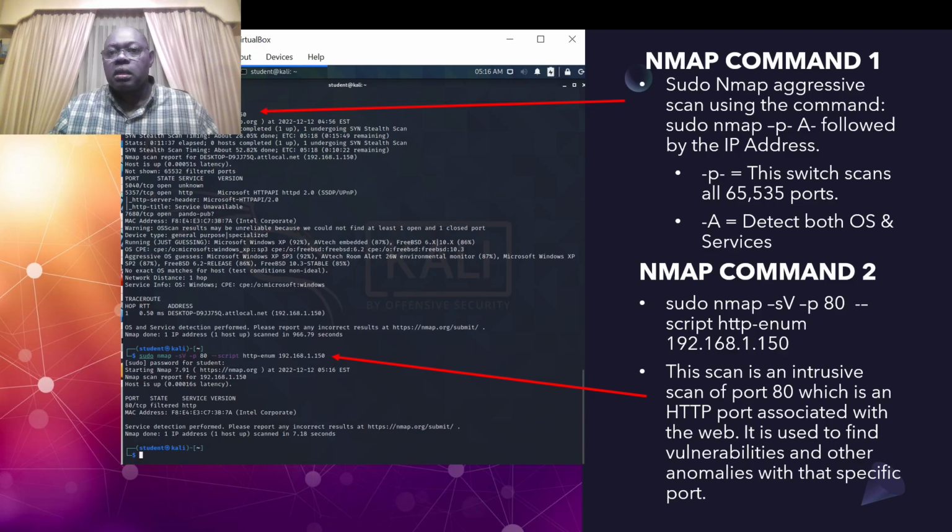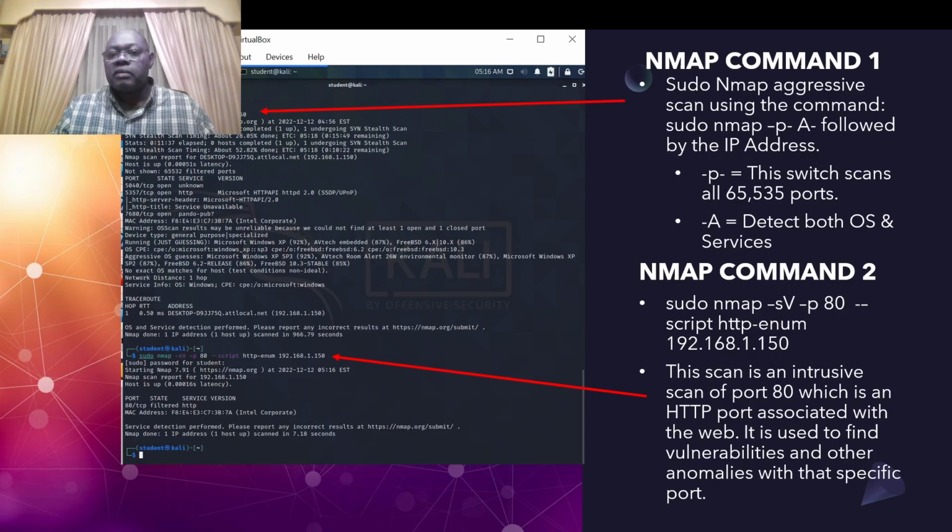Command 1 was the aggressive scan, Nmap -p- and -A followed by the IP address. The -p- switch scans all 65,535 ports, and the -A detects both OS and services.